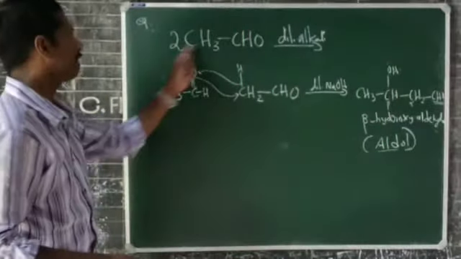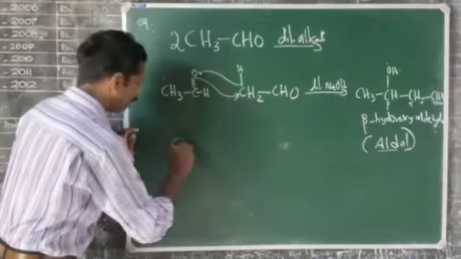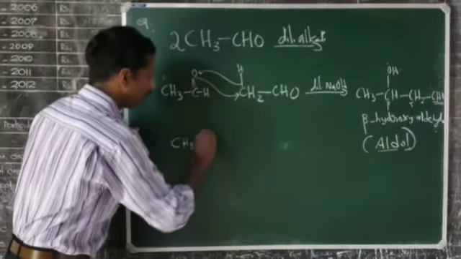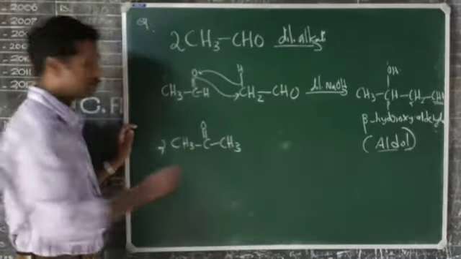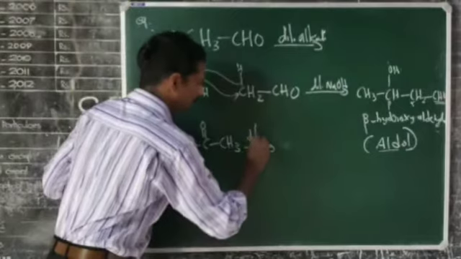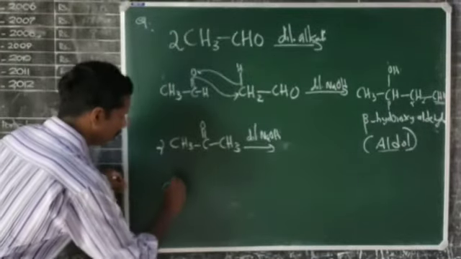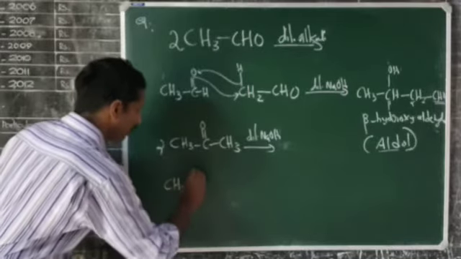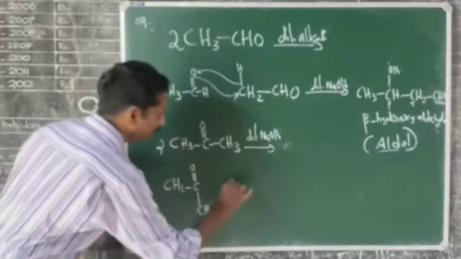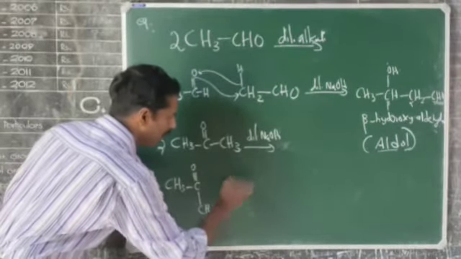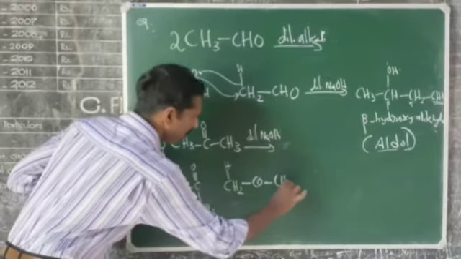Now if you take a ketone, instead of acetaldehyde I am taking a ketone, for example acetone, CH3COCH3. There also we need two molecules in presence of dilute NaOH. How can you write this one? You write the first molecule CH3, C double bond O, and this CH3 can be written here, CH3. Second molecule, how will you write? One of the alpha hydrogens you write like this, then COCH3.